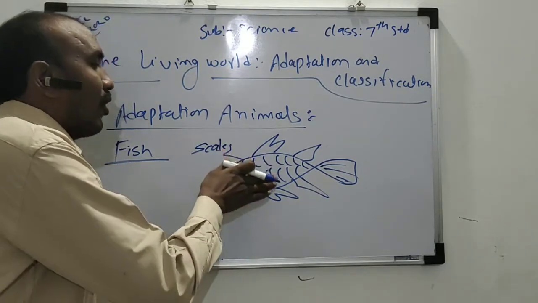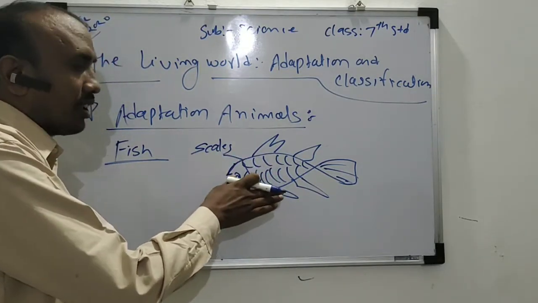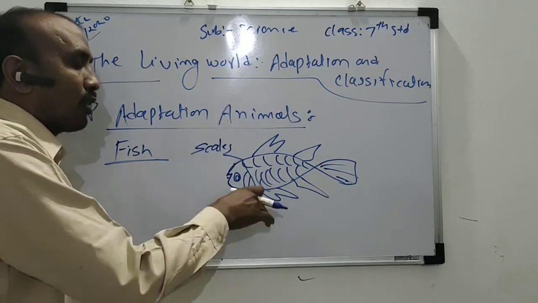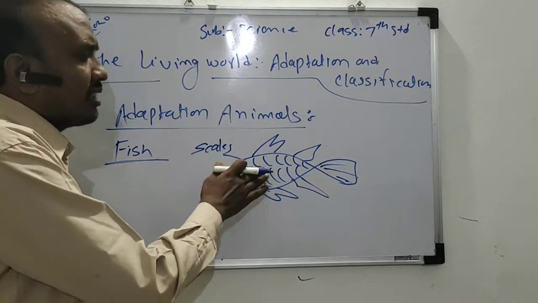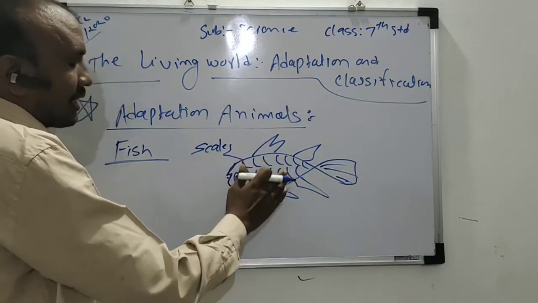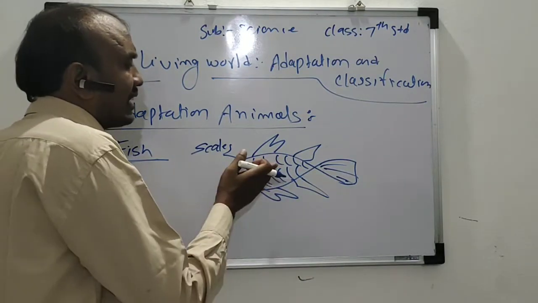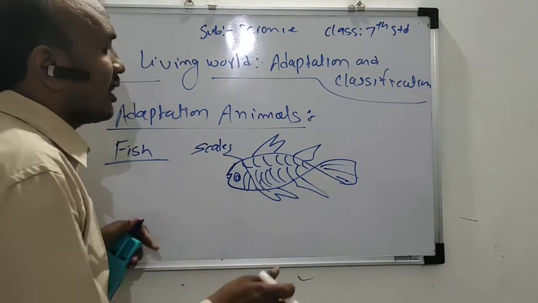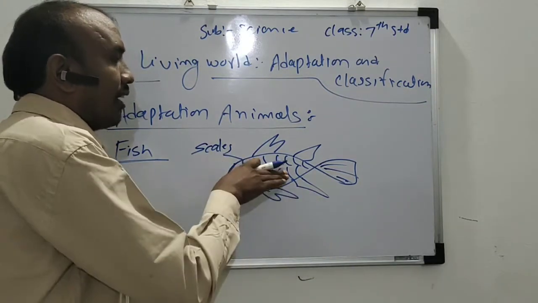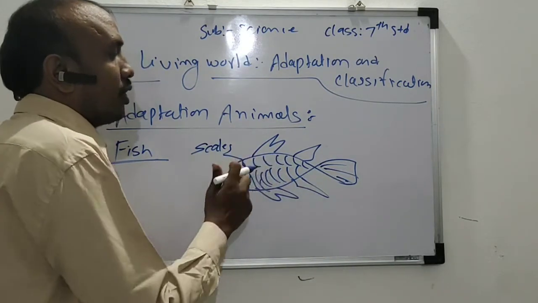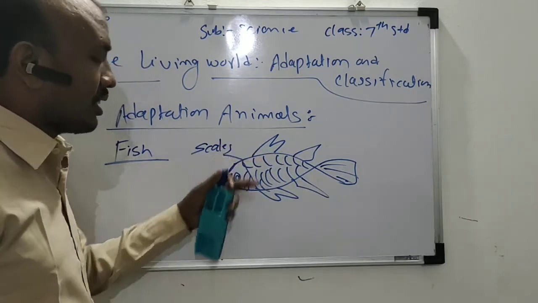Scale is used for adaptation because the fish lives inside the water, and if scales are not present on the fish skin, water may go inside the body. To avoid water going inside, the scale is used. There is also a fin.